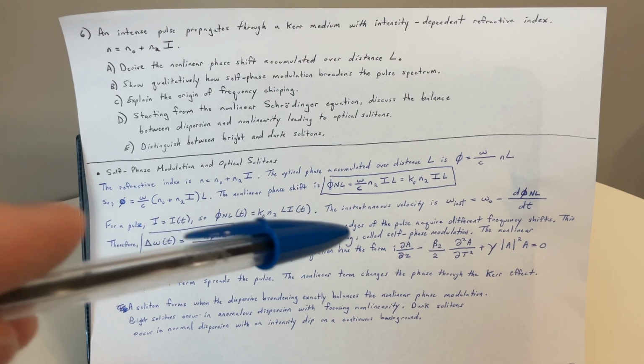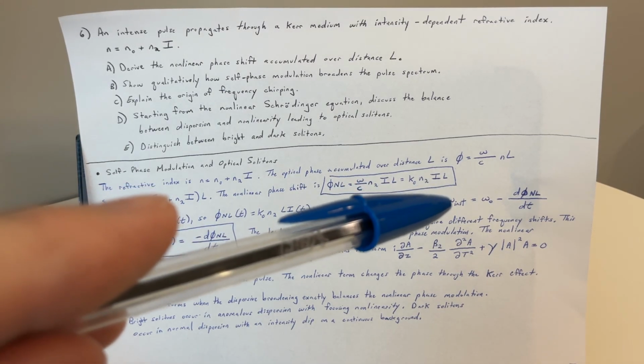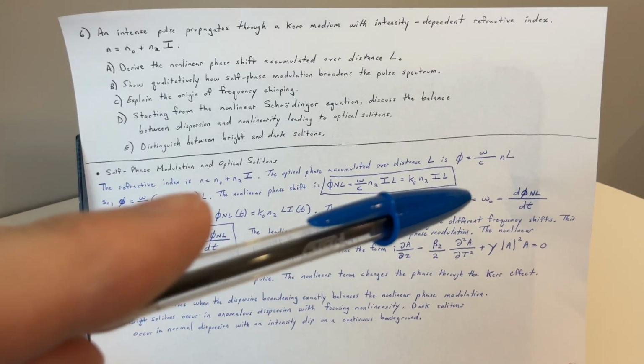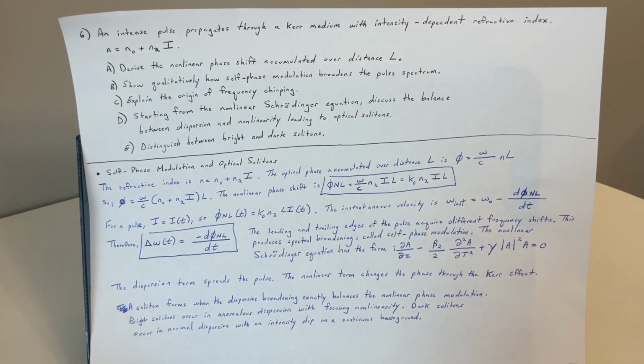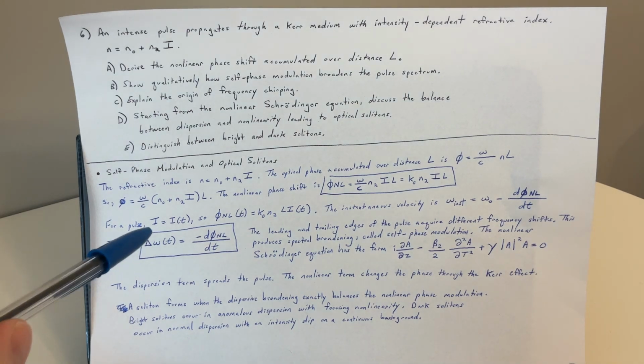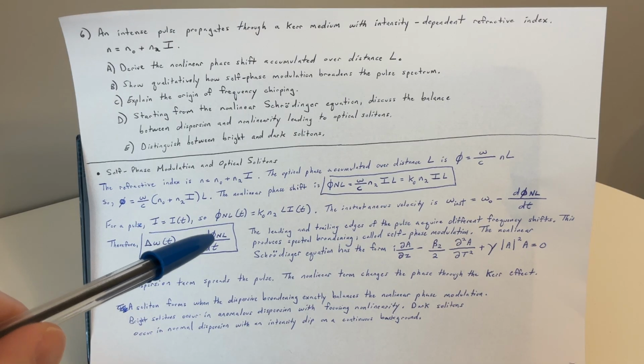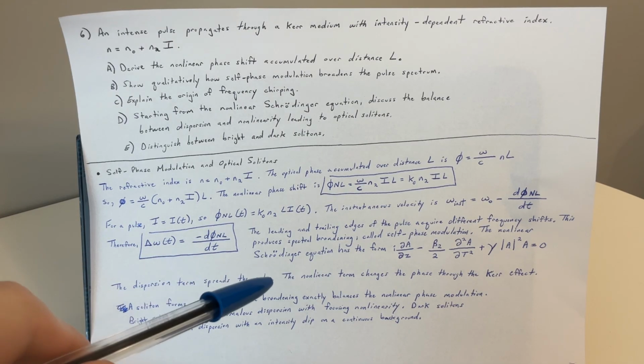And we get the instantaneous frequency omega sub inst equals omega naught minus the derivative d phi NL dt. Therefore, delta omega of t equals negative d phi NL dt.